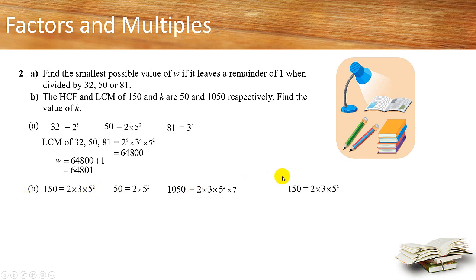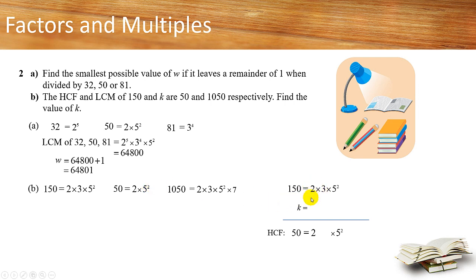Now, this is what you do. In order to see the factors clearly, let's arrange them. We know that 150 is equal to 2 times 3 times 5 squared. We write it on the first row. We do not know what K is, so we leave a blank here. Then we draw a line. However, we know that the HCF is equal to 50, which is 2 times 5 squared.